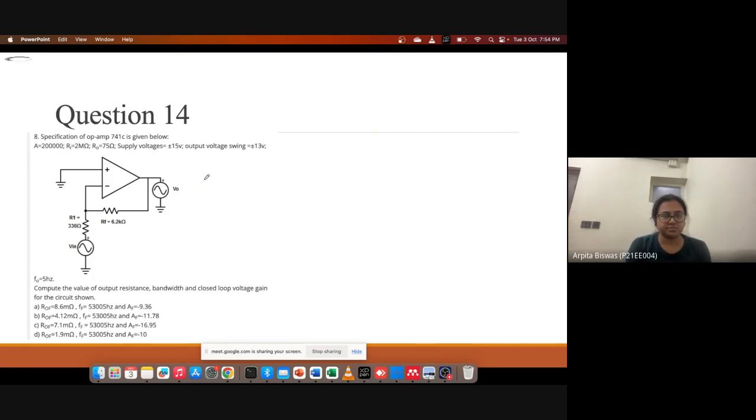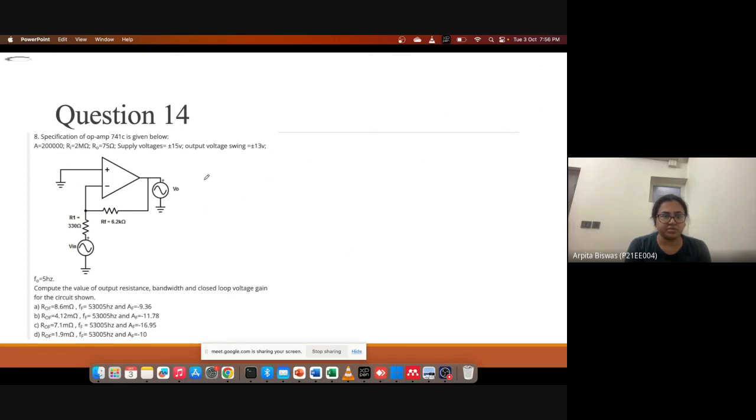So what is the right option? So A value is given, Ri value is given, Ro value is also given, and the supply voltage is given.